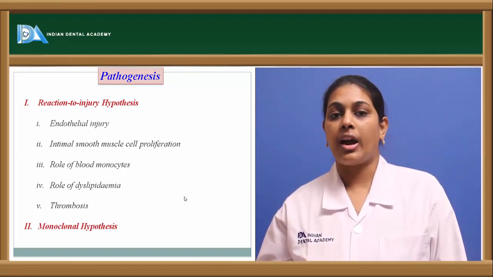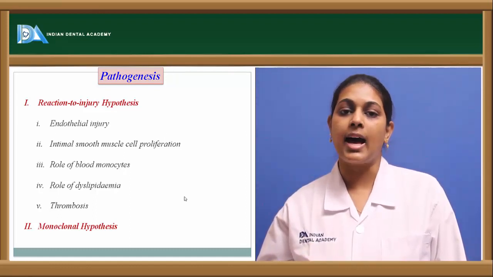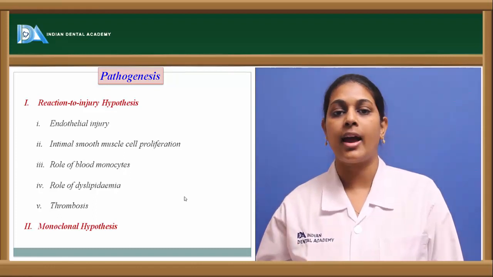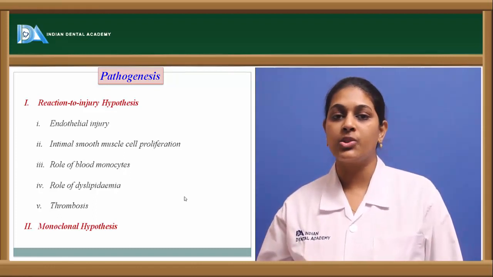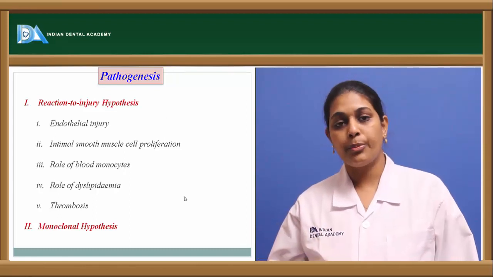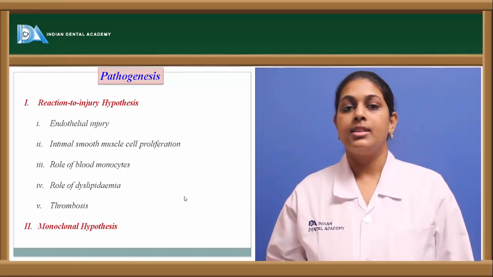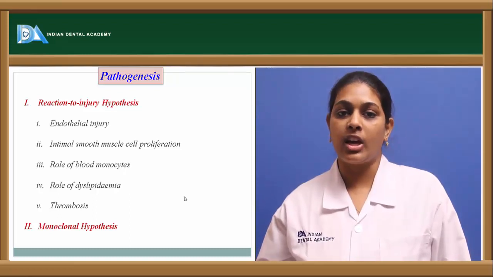All of these factors together, that is the growth factors derived from the platelets, as well as the cytokines and interleukins released from the inflammatory cells, contribute to the proliferation of the intimal smooth muscle cells. That is the cells which are present within the intima of the arteries.